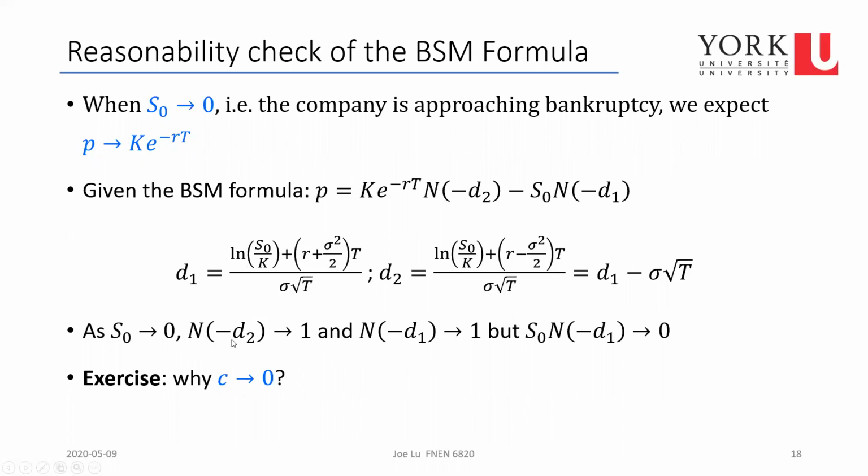So that's why they will approach 1. And if they approach 1, this part will have K times e to the power minus RT.